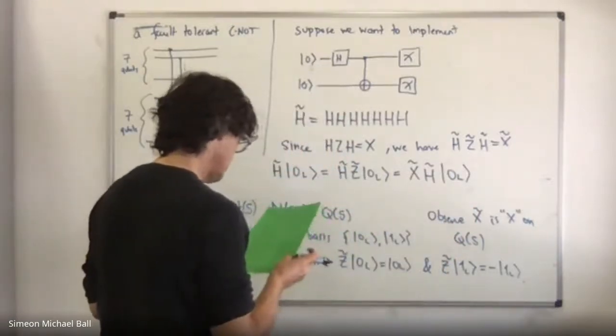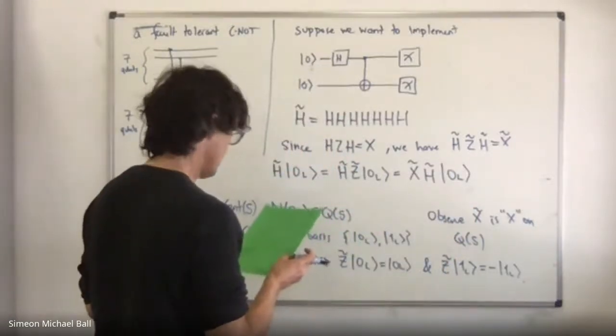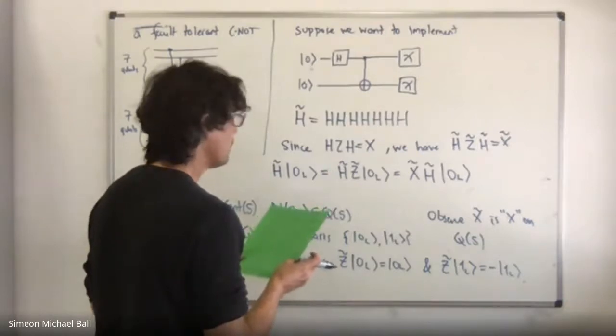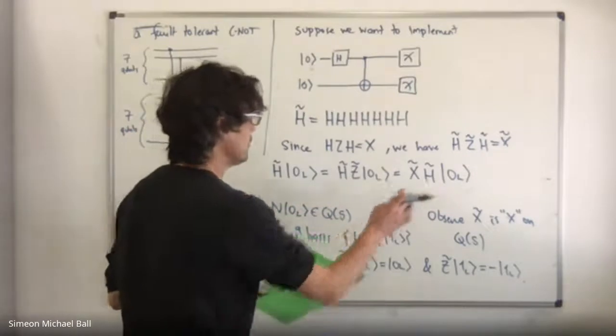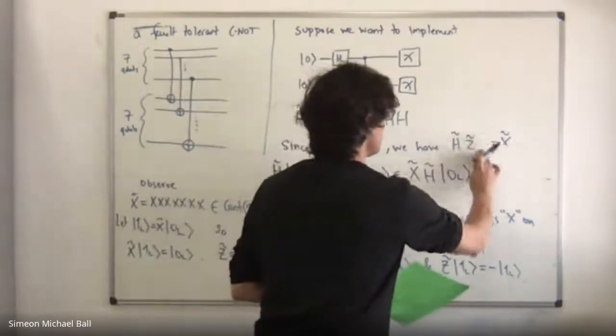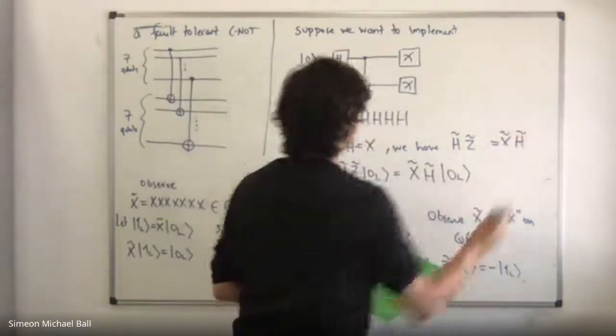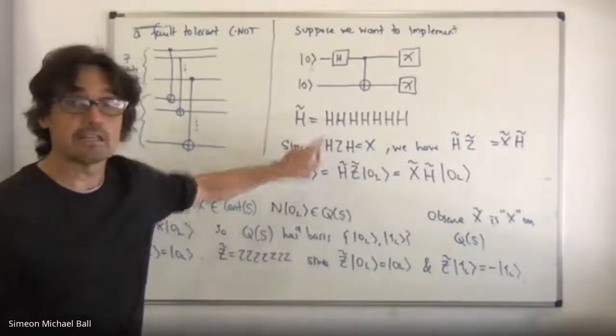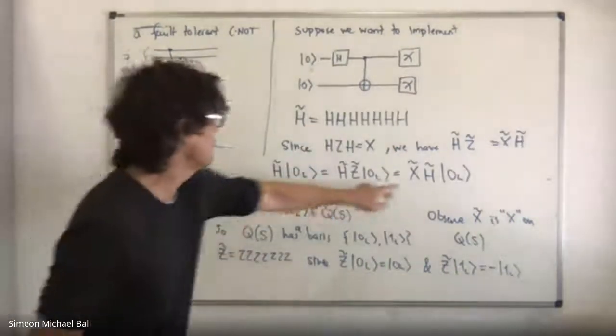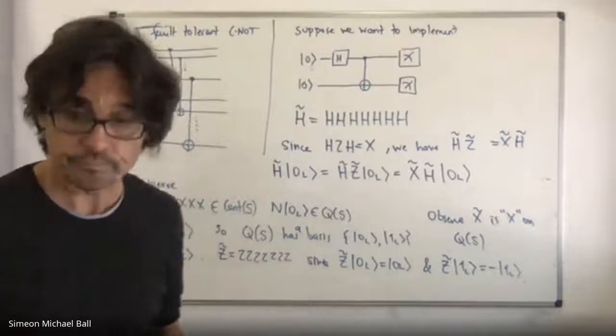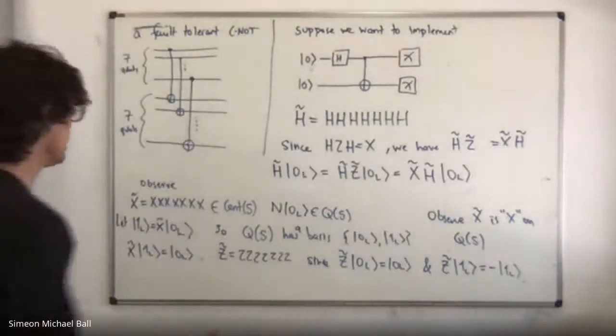So from this, it's implied that I can take this H squared on the other side, because H squared are all like identities. So then I have this. So I'm just trying to work out what this is.